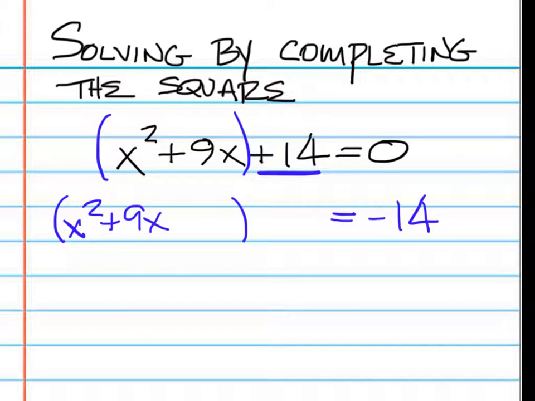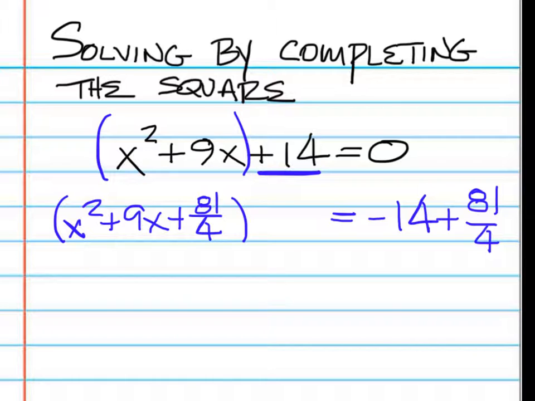If I divide 9 by 2, I just get 9 over 2. If I square 9 over 2, I come up with 81 over 4. If I add 81 over 4 to the left side, I have to add 81 over 4 on the right side.